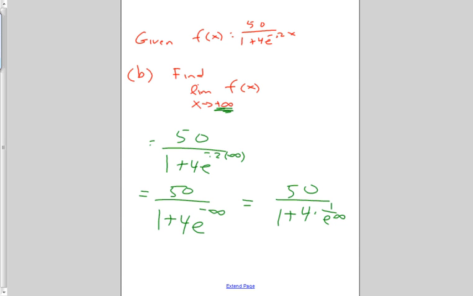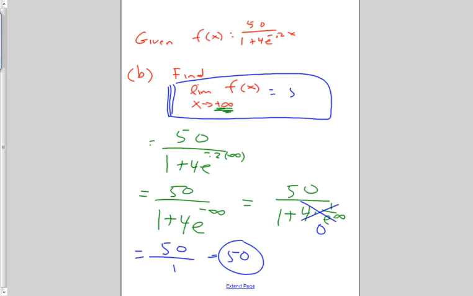So 1 over a huge number is essentially 0. So we get that this equals 50 over 1, which is 50. So the limit as x approaches positive infinity of our function is 50.